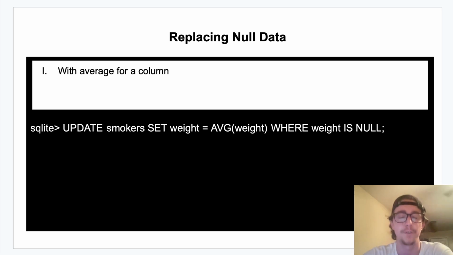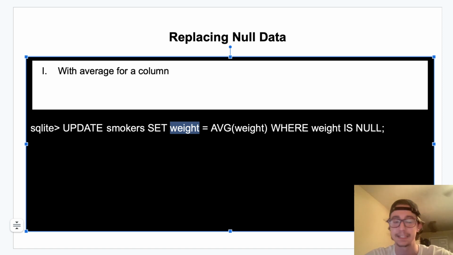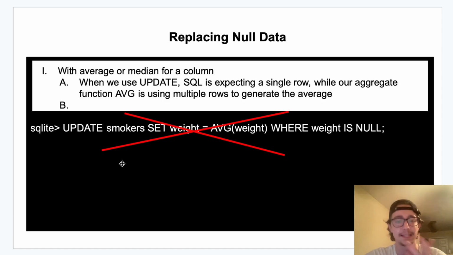You would think at first, oh, update smokers and set the weight column equal to the average of the weight column. But this line's not going to work. Why is that? It's because update expects a singular row, while our average aggregate function uses multiple rows in a single column to calculate the average.